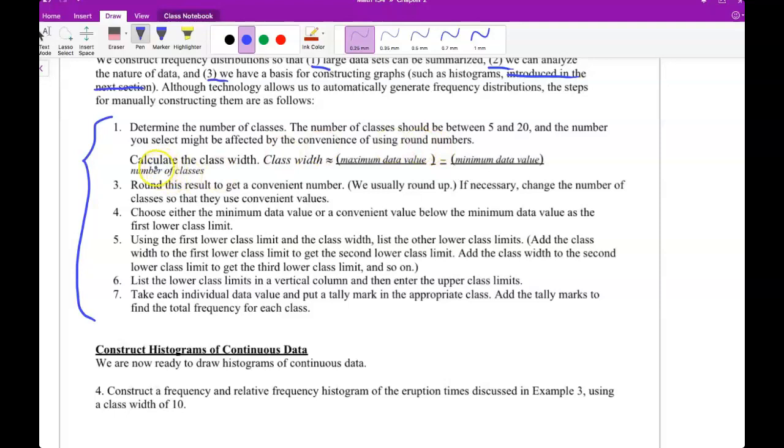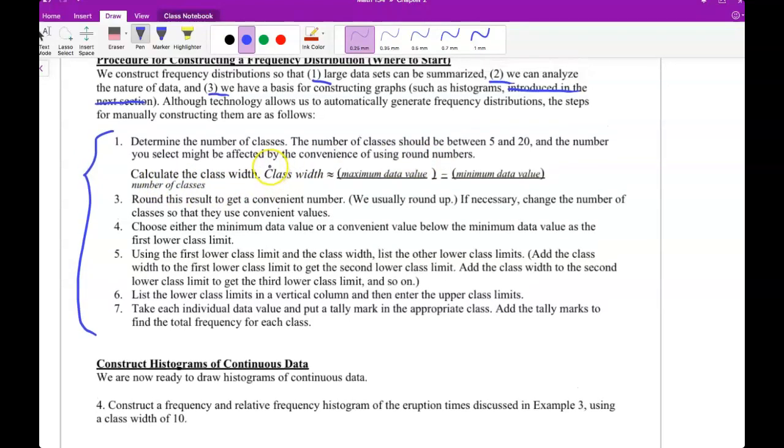Then calculate the class width. Here we have a typo.